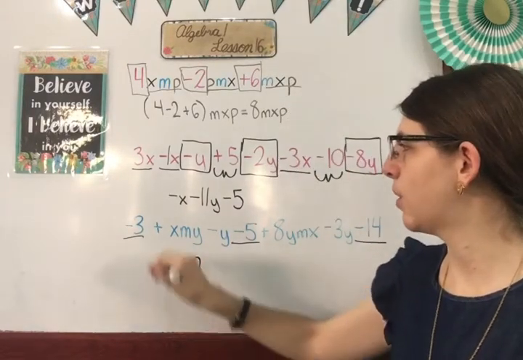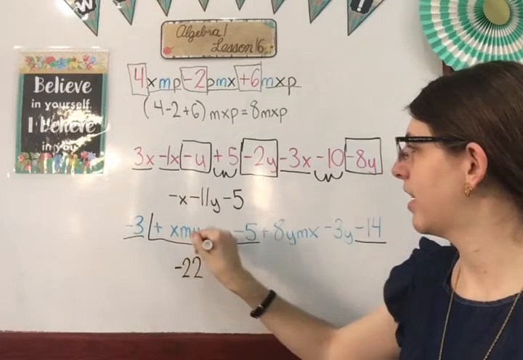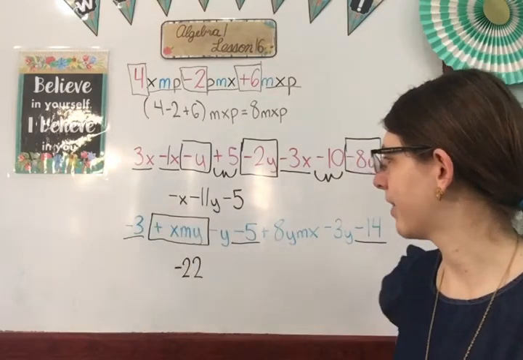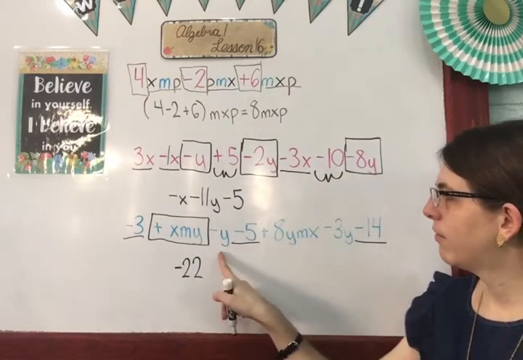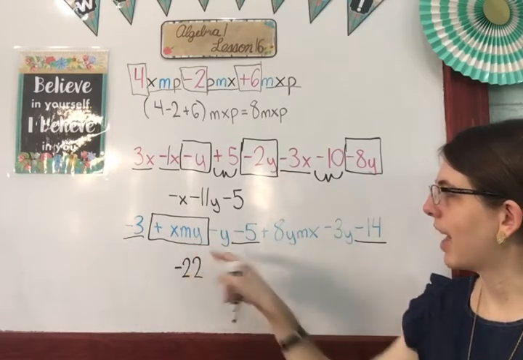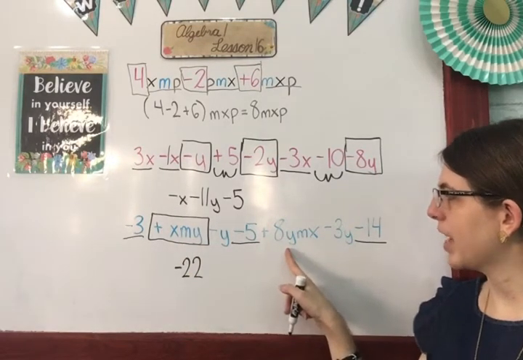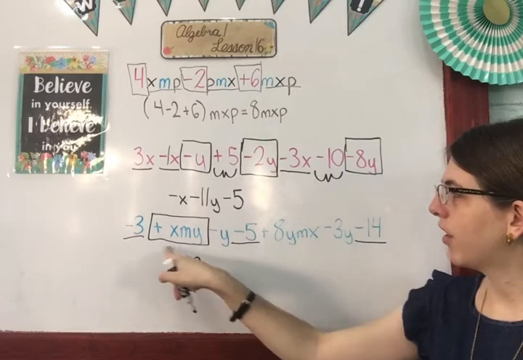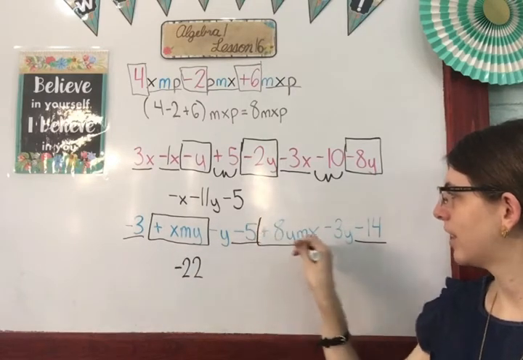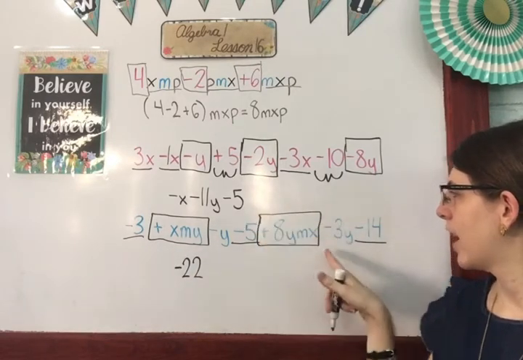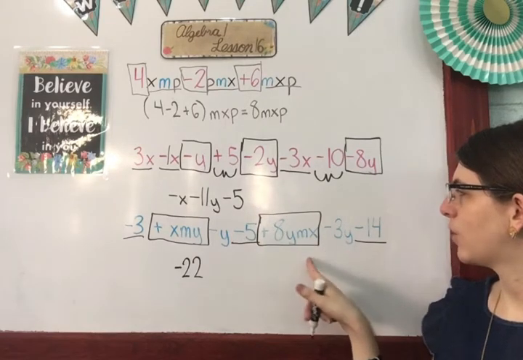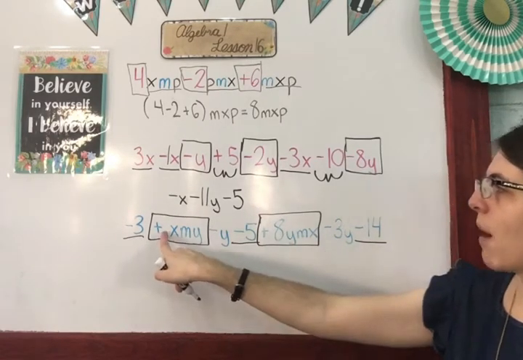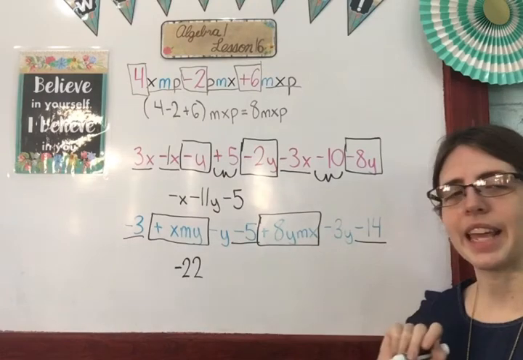Okay, now let's do this one, positive xmy. Nope, this one doesn't match because there's no x and m. How about positive 8y and x? Yep, all of the variables are there, so this is a like term. Negative 3y doesn't match because there's no m or x. So I have a positive 1 here plus 8 here.